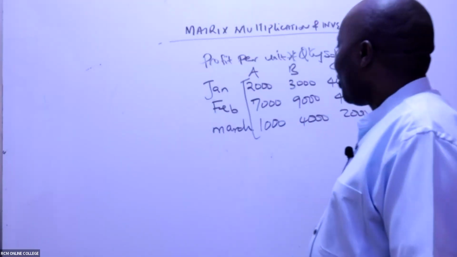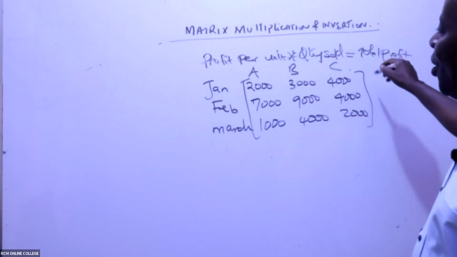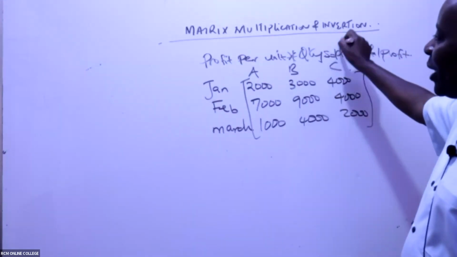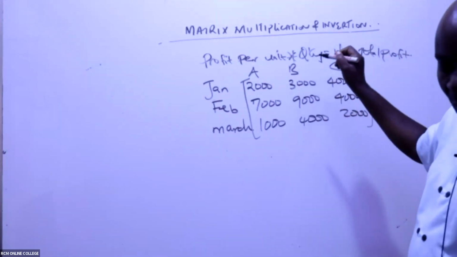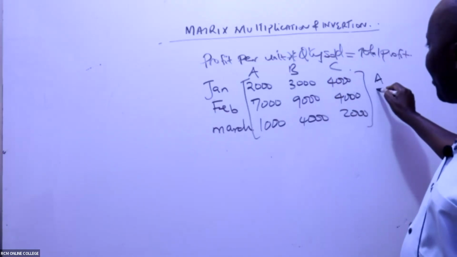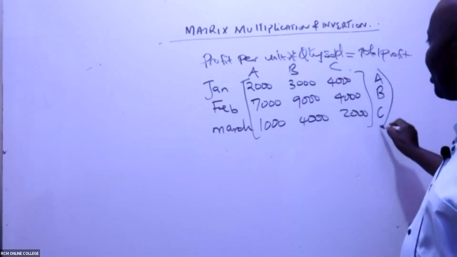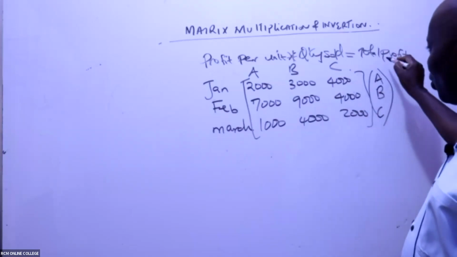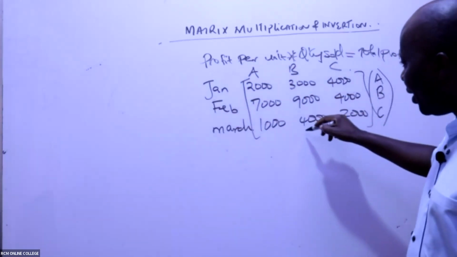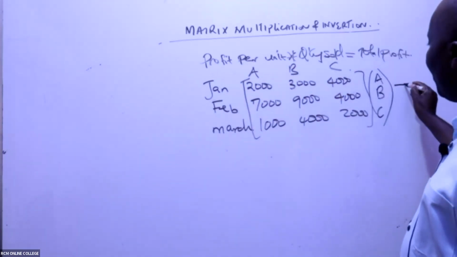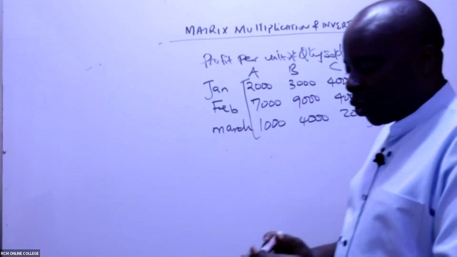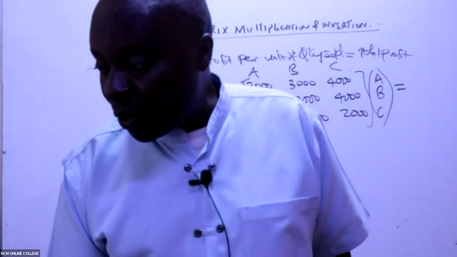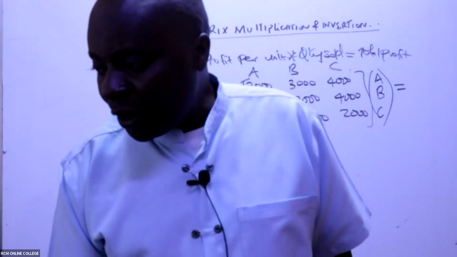You see, quantity sold is unknown. The quantity sold is what the examiner wants me to tackle. So we shall let the quantity sold be A, B, and C, respectively. This profit per unit times quantity sold should give me the total profit. Have they given me the total profits for each of these months? Oh, yes, they have.